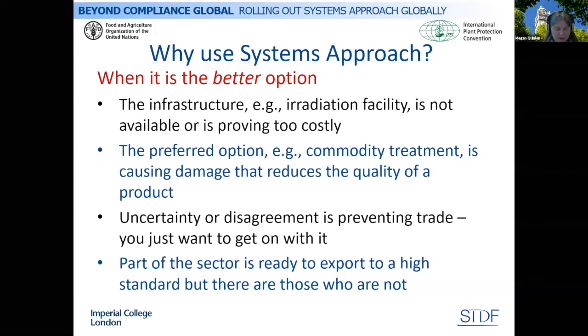So those who are not ready to export to the most demanding countries can learn all of the skills, can increase the capacity by working slowly through the components of the systems approach. For example, possibly by starting with traceability, working with monitoring and other things that they might not currently be doing.